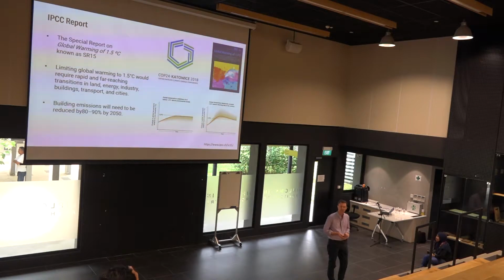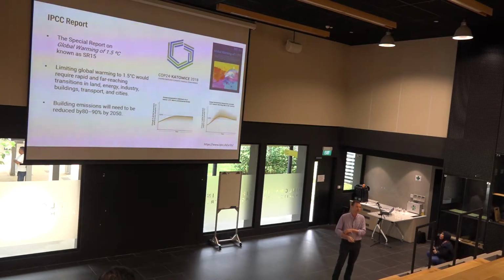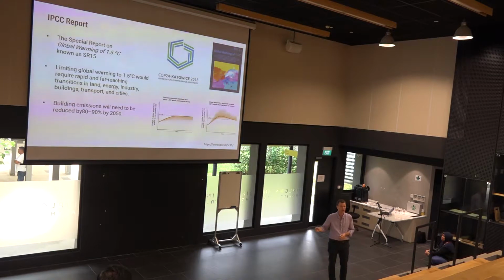For example, if we go to 2 degrees C, then all the coral reefs in the world will die by 2050. If we go to 1.5 degrees C, then only 90% of them will die. So we'll still have 10% left if we can keep it to 1.5 degrees C.